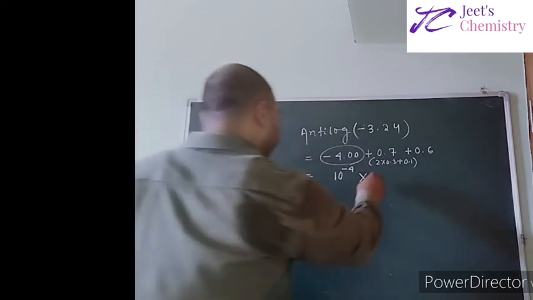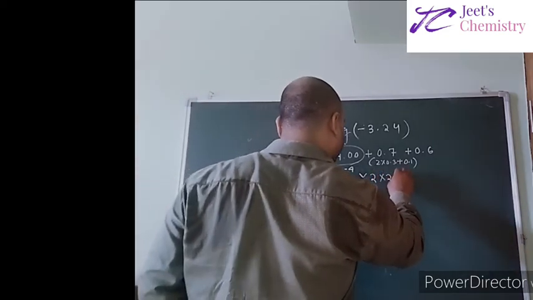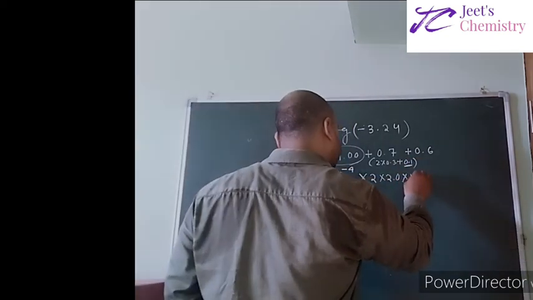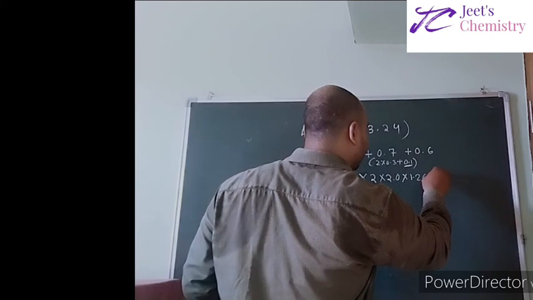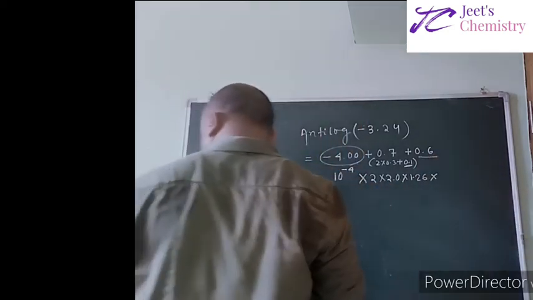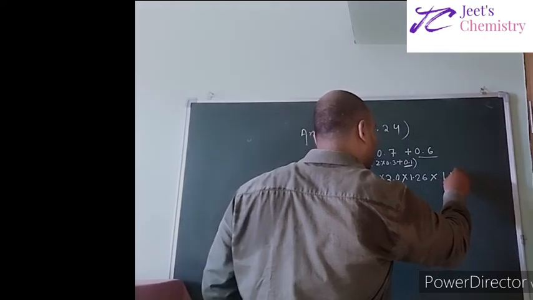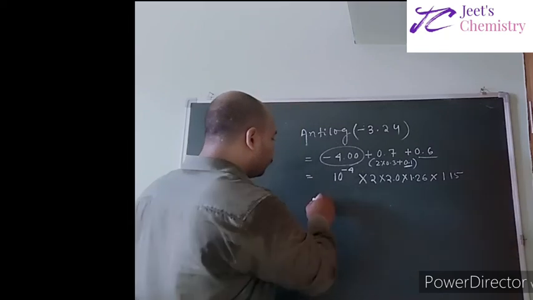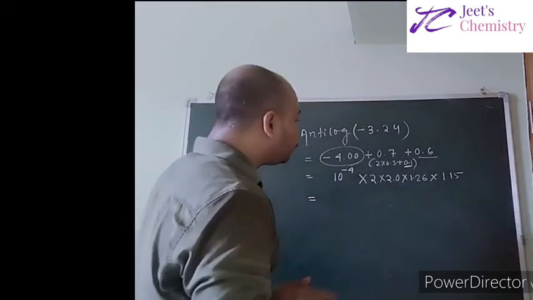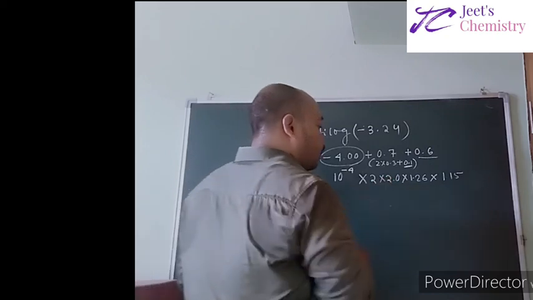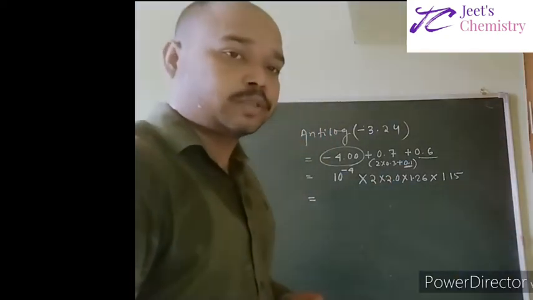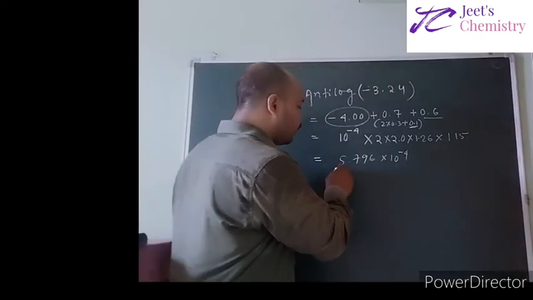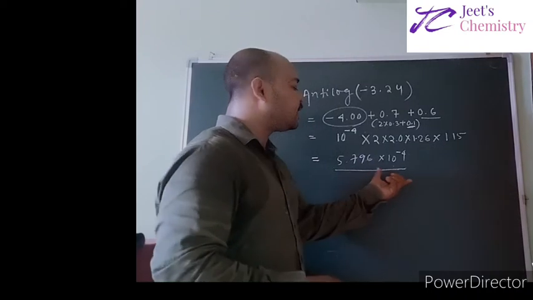So I can write 2.0 into, for 0.1, 1.26, into 0.06, which is 1.15. Now multiply these values to get the answer. After calculating, we get 5.796 into 10 to the power minus 4.